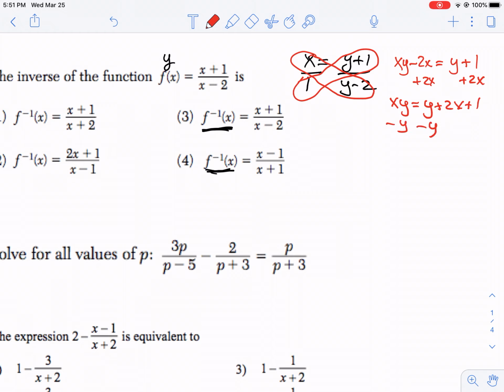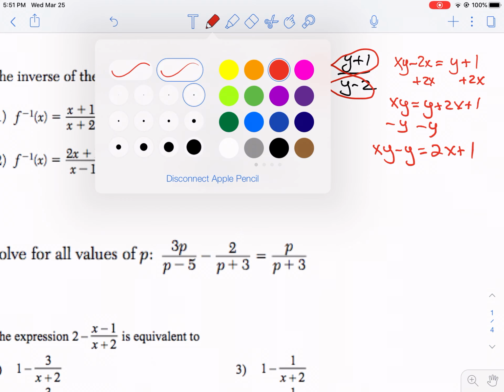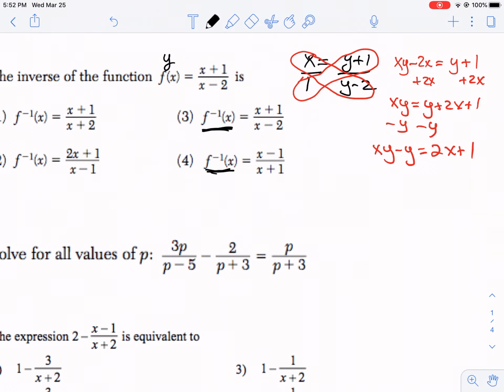Now, I cannot subtract a y from an xy, so for right now I'm just going to write them side by side. And then here's the tricky part. In order to solve for y, I'm only supposed to have one y, and right now I got two of them showing. Well, since there's two terms, y is actually a GCF, and I can factor it out.